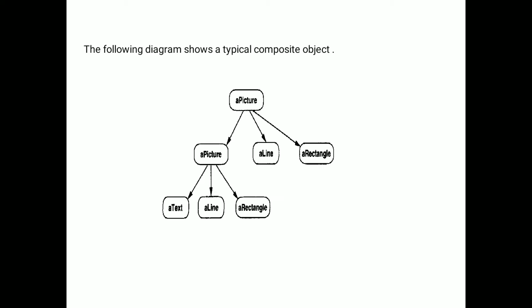In this one, a fixture is the composition, again having children: a text, a line, a rectangle. So here the fixture composition component is having the information of the text, line, and rectangle children. I already explained what a composition is: it is having the information of its children.